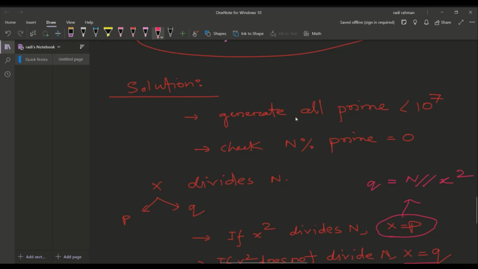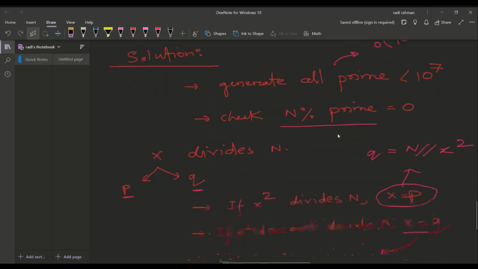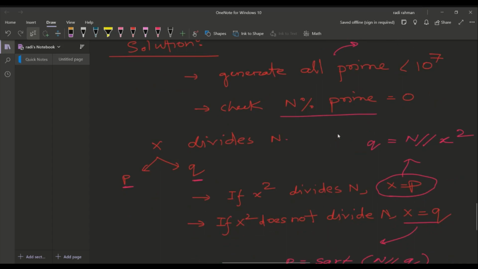So generating all the prime numbers with the Sieve of Eratosthenes will require space complexity of order of 10 to the power 7, and you can do this without exceeding the memory limit. And for each of the prime numbers, you have to check whether that prime number divides n or not. Suppose you have found an x that divides n, that means your x can be p or your x can be q. So how to find out whether your x is p or q?